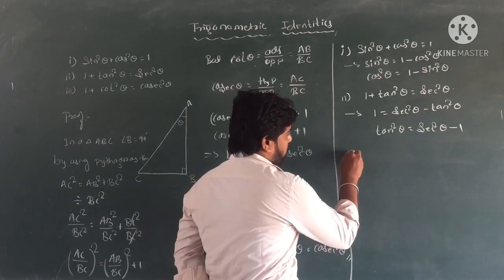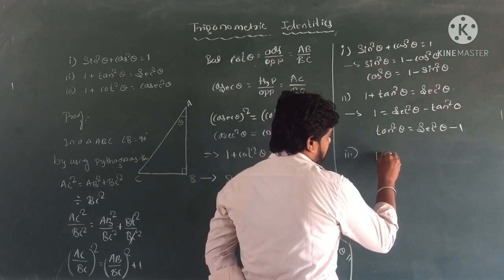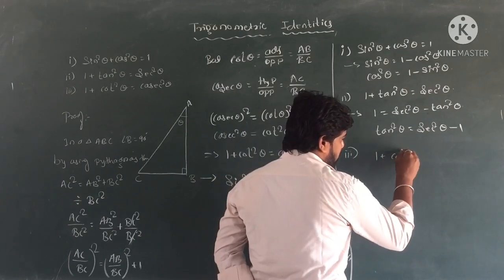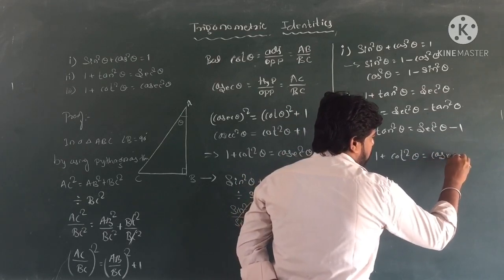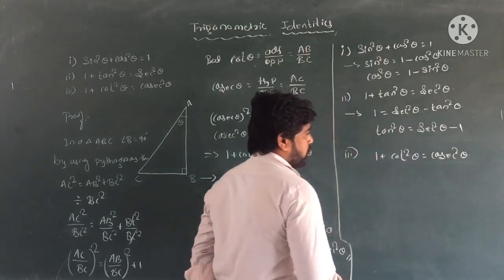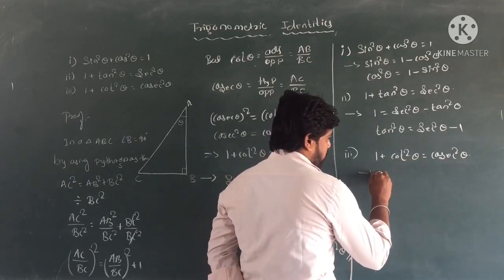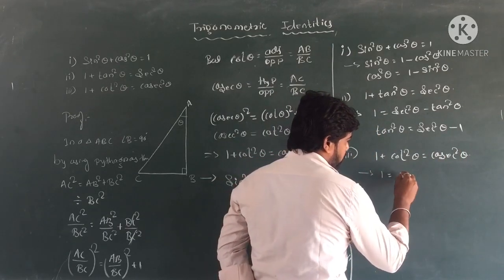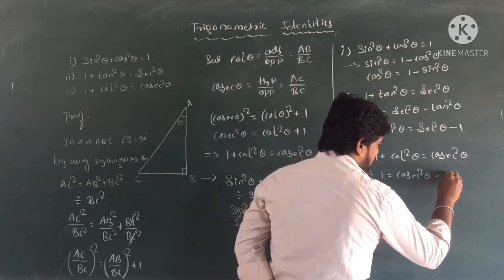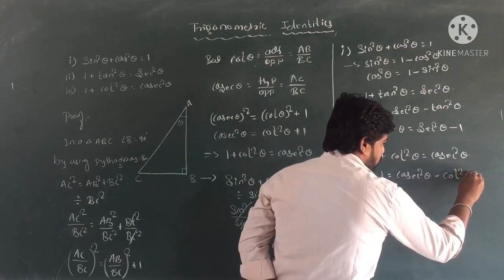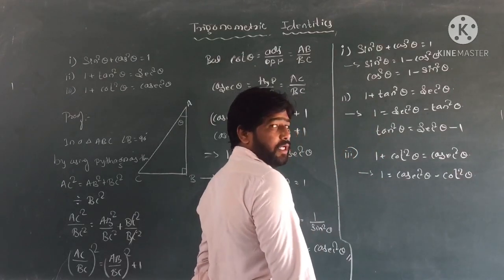So next, third one, 1 plus cot square theta is equal to cosec square theta. So this one we can write 1 is equal to cosec square theta minus cot square theta, right?